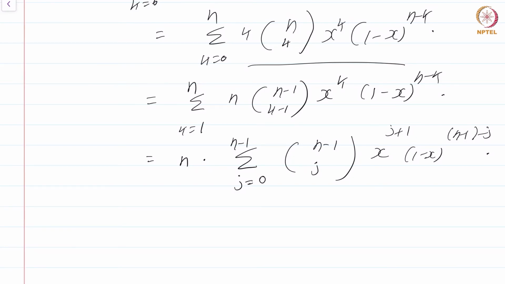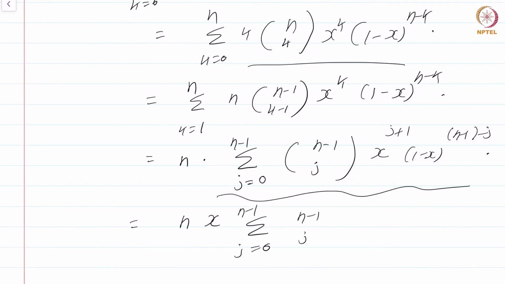Now look at this quantity, summation j equals 0 to n minus 1 of n minus 1 choose j x^(j plus 1) (1 minus x)^(n minus 1 minus j). What you do to this is write this as equal to n x times summation j equals 0 to n minus 1 of n minus 1 choose j x^j (1 minus x)^(n minus 1 minus j).